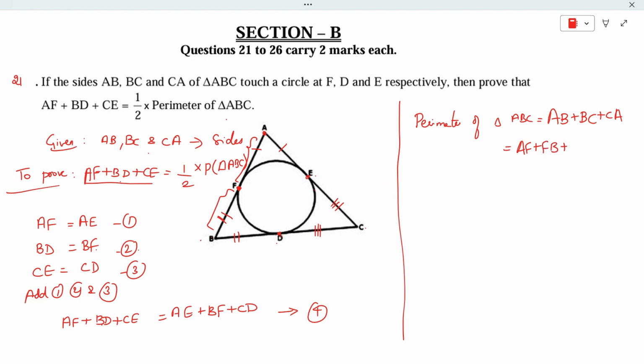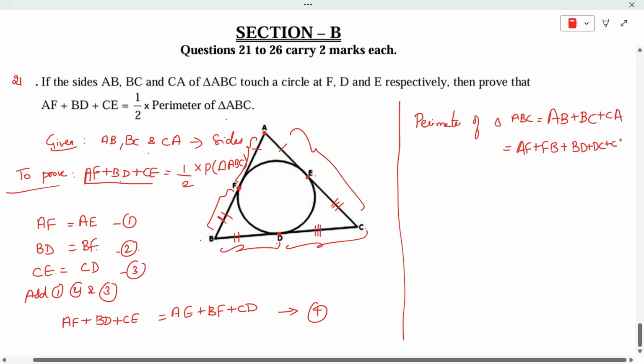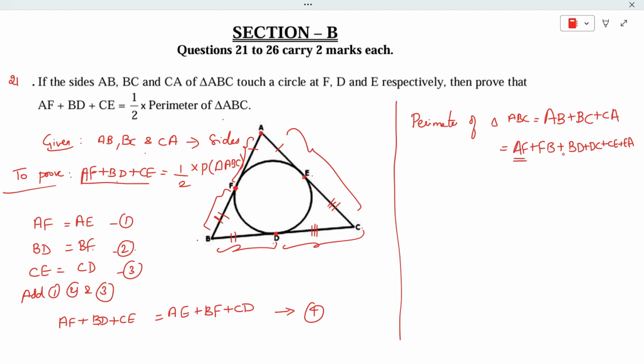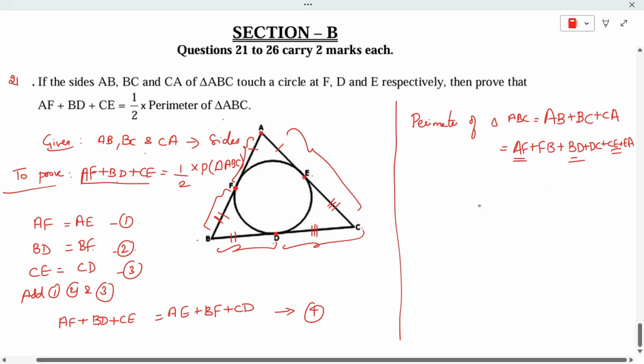Similarly, BC is written as BD plus DC, isn't it? Similarly, CA is written as CE plus EA. After specifying this, take AF, BD, and CE together, rearrange it. So AF plus BD plus CE, okay, and what is remaining?